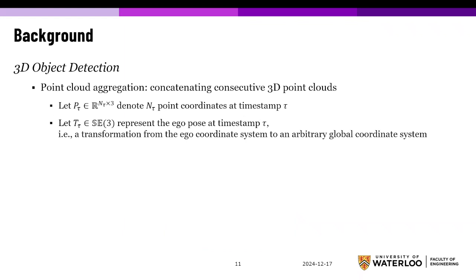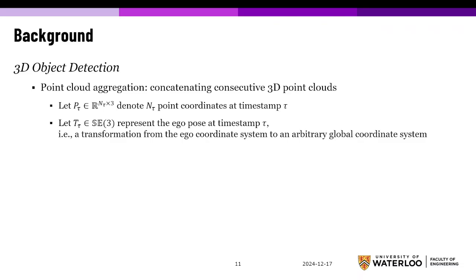So to do that, we first want to represent the ego vehicle motion, and that's typically done using an ego pose, which is in SE3 space. So it's a 4x4 matrix. And for each timestamp tau, we will have a different transformation matrix representing the ego pose at that timestamp.